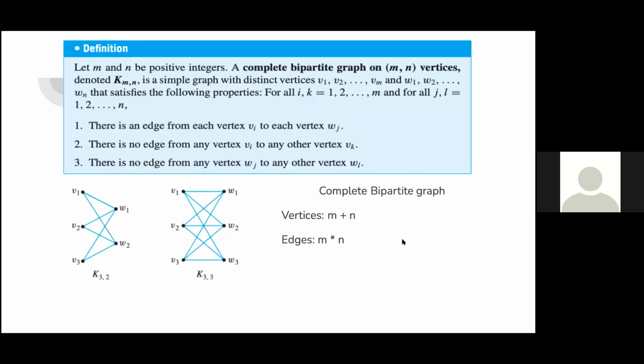All right, thanks, Susie. So we can move on to the next definition, presented by Jackie, right? Right. Thanks, Tim. I'm going to explain the complete bipartite graph.